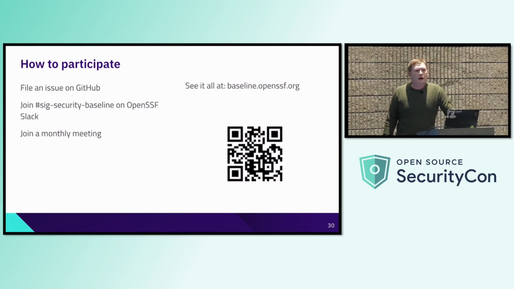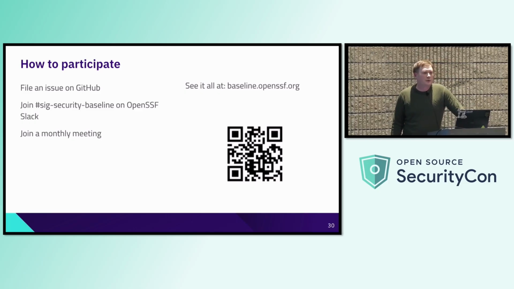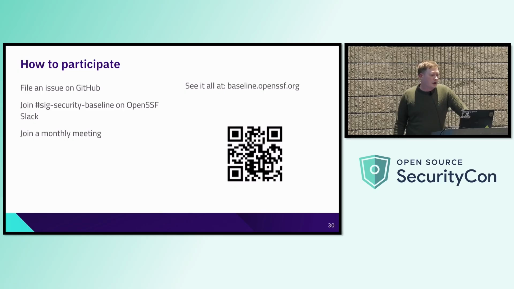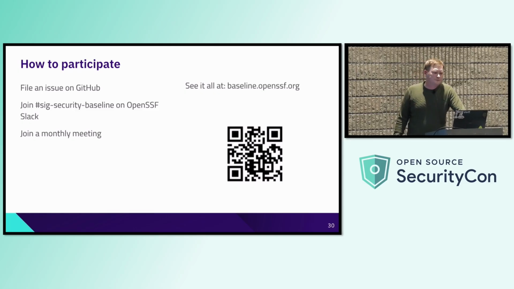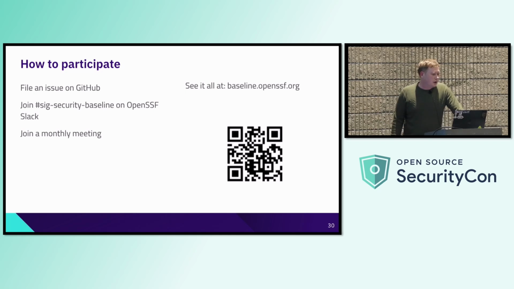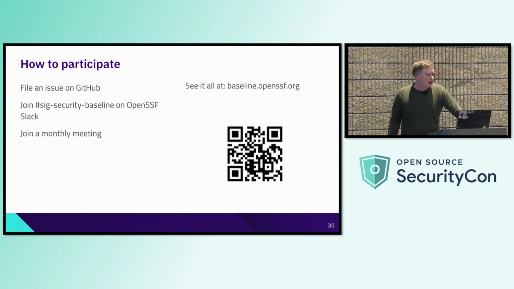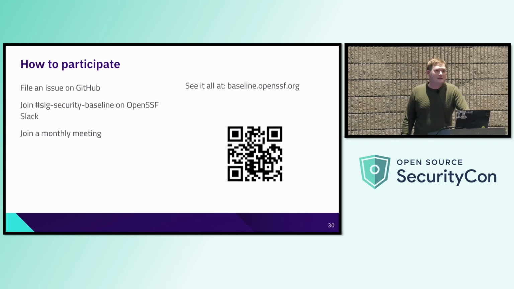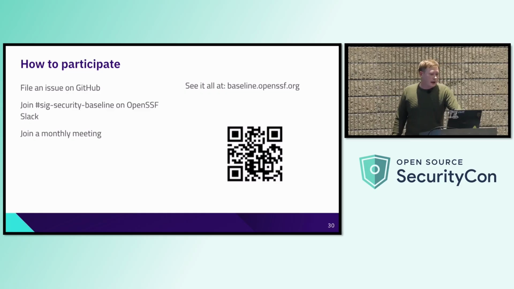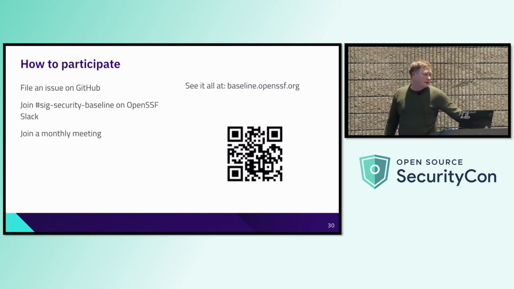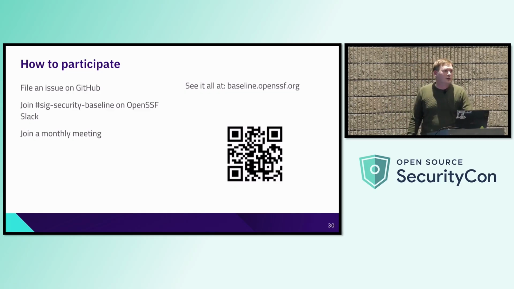They used to be bi-weekly, and we decided things are stable enough that monthly seems good. That's where, if you like to come argue about the definition of words and nuances of phrasing, that's a great place to participate. But otherwise, you can see it all at baseline.openssf.org.